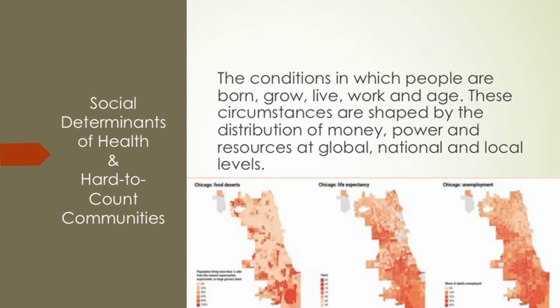It also talks about food deserts, education, and life expectancy. All these things directly affect social determinants of health, and it's important to have these resources in order to have a chance at living a healthy life.